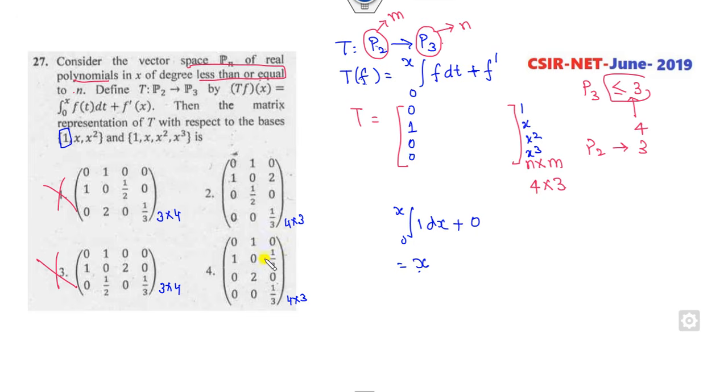So the first column is satisfied. If I take the second basis element as x, then it is the integral of x dx plus f dash, that is 1. So the integration is x square by 2 minus 0, plus 1. So you can see 1 is a constant, and x square has coefficient half. This is 0, this is 0. So this pair is satisfied, this is not satisfied. The right answer is B, the correct option.